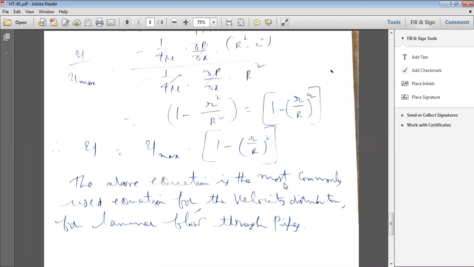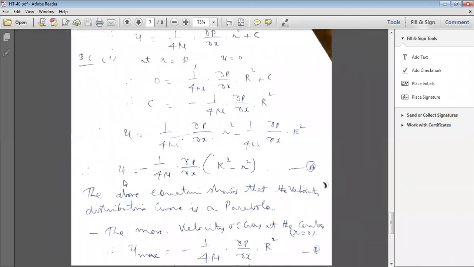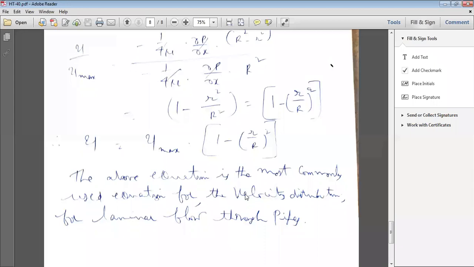This is the velocity distribution equation. So velocity depends on u max, small r and capital R, and the pressure gradient. So this is the velocity distribution equation in a tube flow.